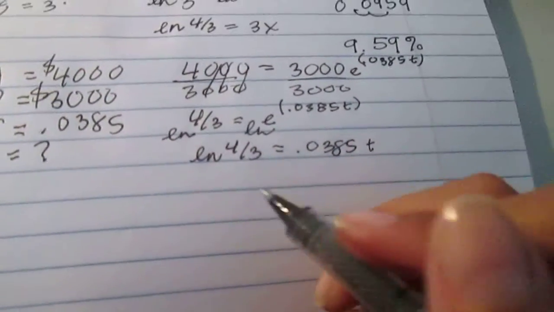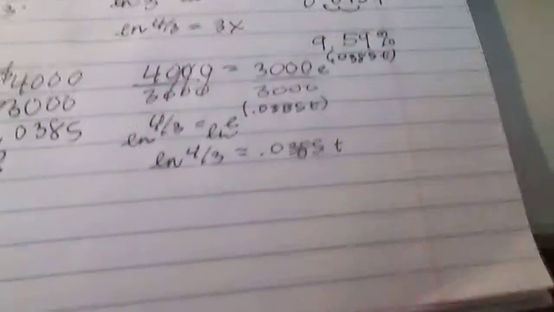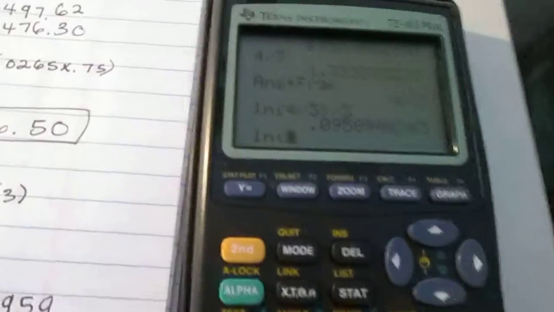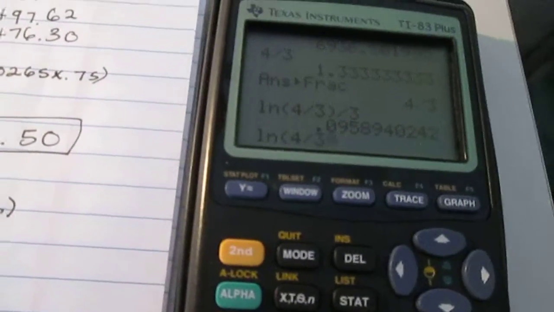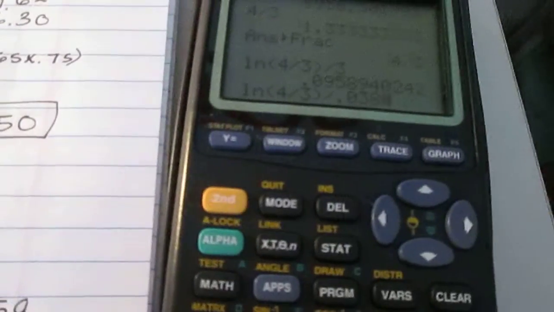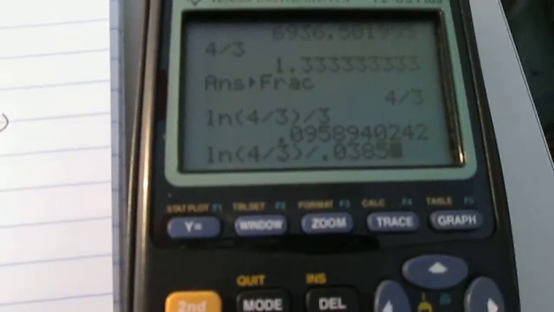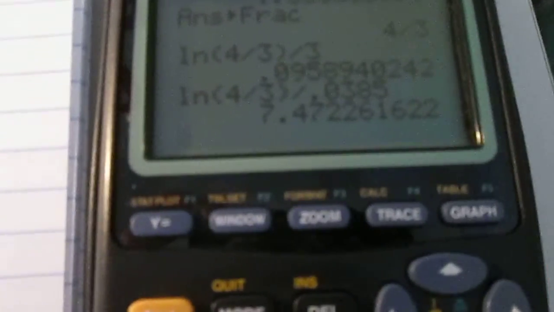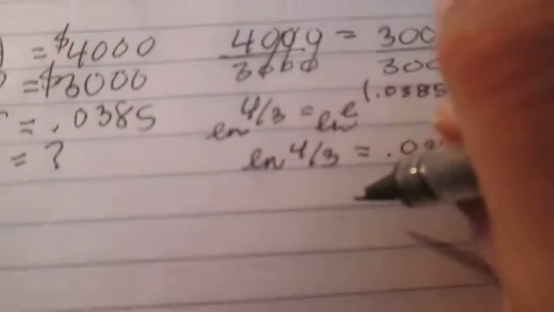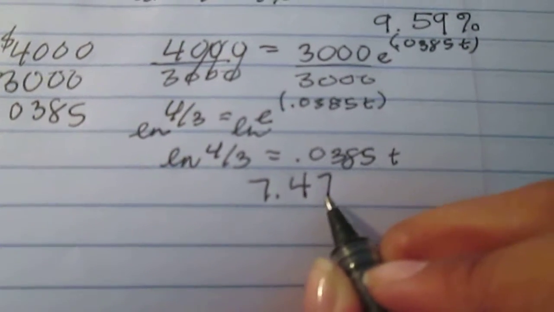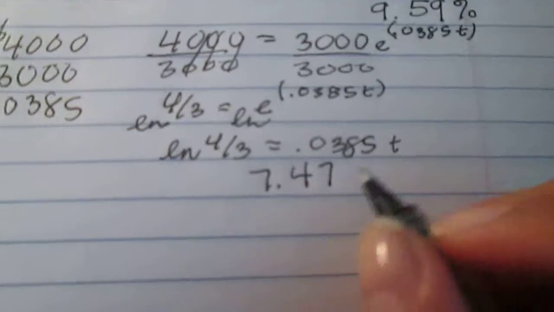And if we want to find t, we just plug this in our calculator and we can divide by 0.0385. So the natural log of 4/3 divided by 0.0385. We get 7.47. So 7.47, that's 7 years, and we need to calculate how many months exactly this is.